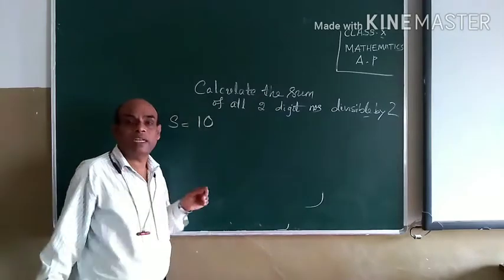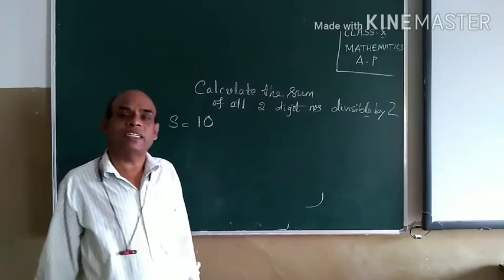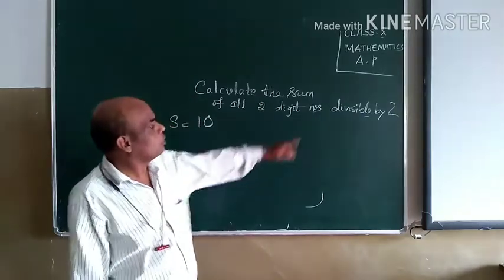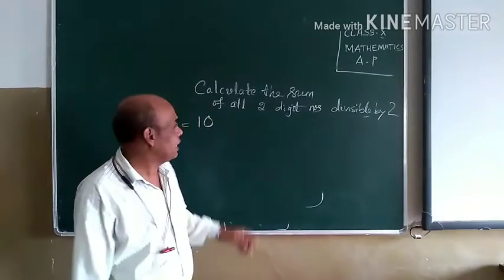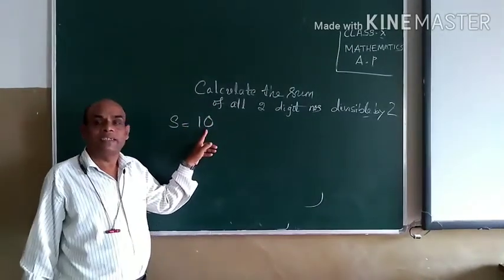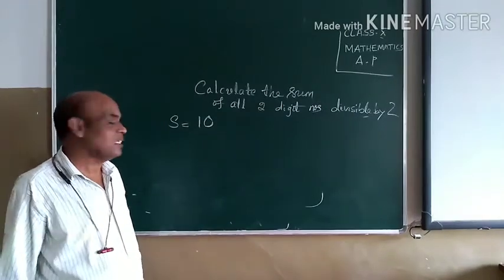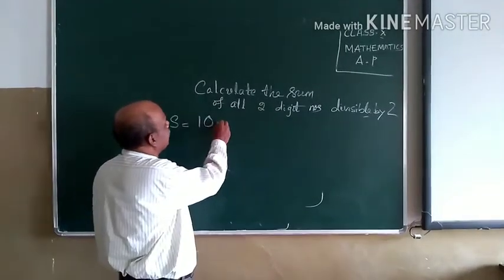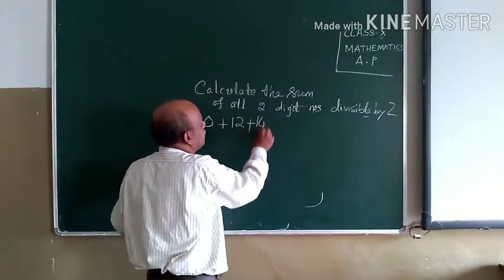First we will notice whether 10 is divisible by 2 or not, because the condition is divisible by 2. Already 10 is divisible by 2, so we will write 10. 10 is the first number. Then the second number will be 12. Similarly 14.